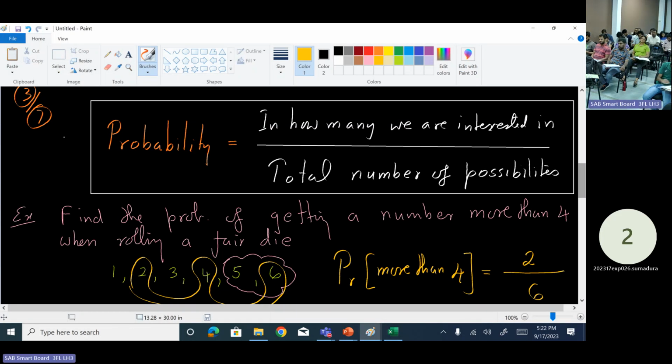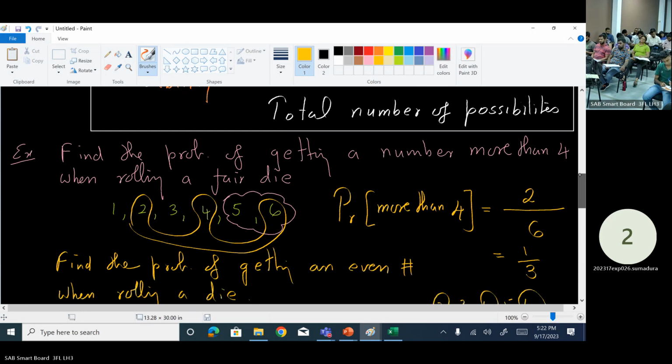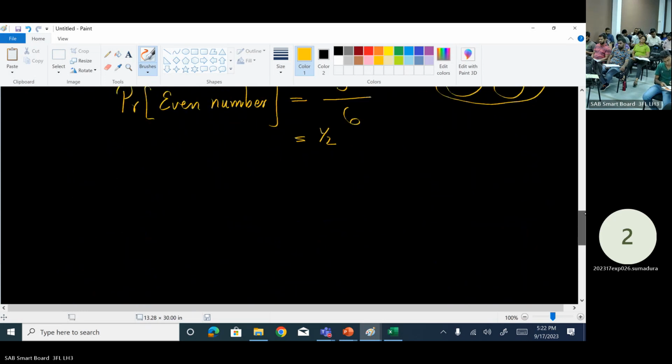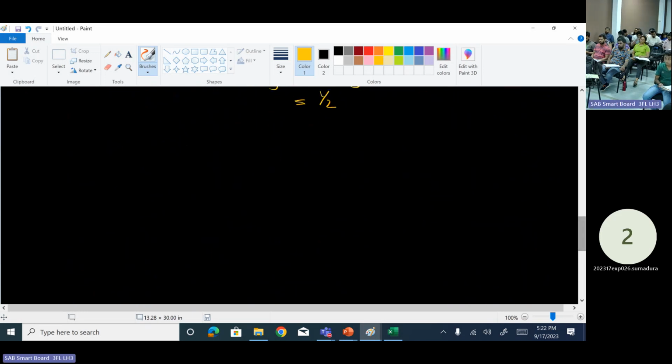The next one, second approach, is the relative frequency approach.